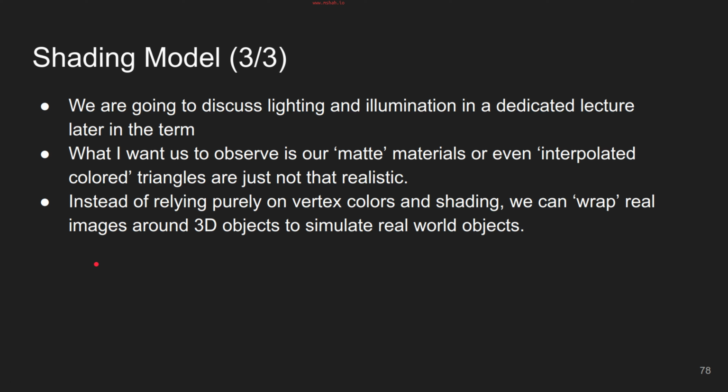We're going to dedicate an entire lecture to that very soon. But for now, instead of building this lighting model and introducing lights, we're relying purely on the vertex colors, and that's still not enough. Before we even get to our shading model, we want to build something interesting to add details.